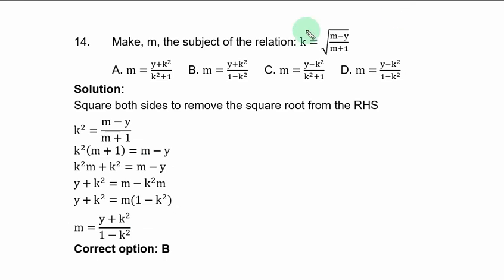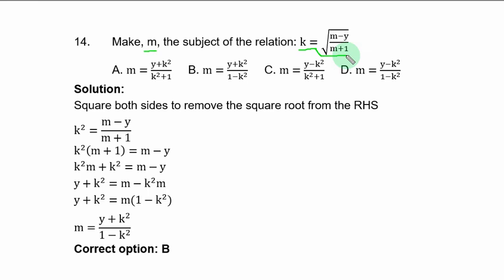Question 14. Make m the subject of the relation k equal to square root of (m minus y) over (m plus 1). m is under the square root sign. To start, you need to remove the square root sign from the right hand side.